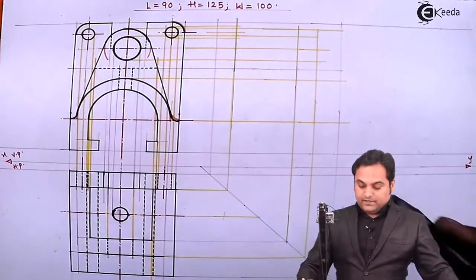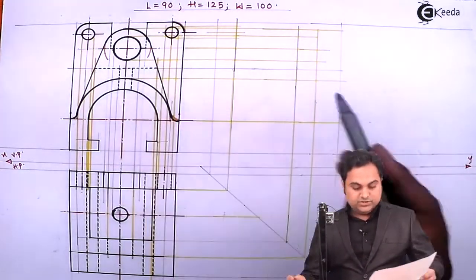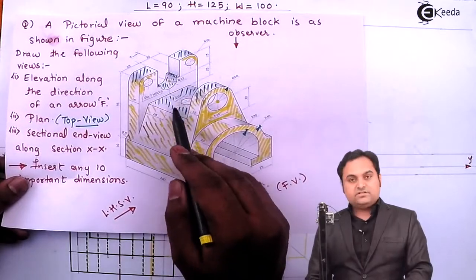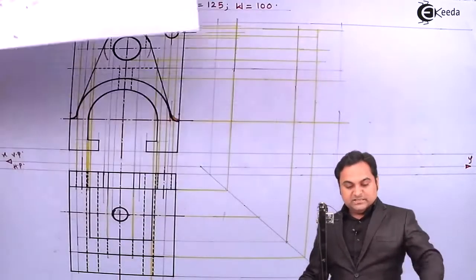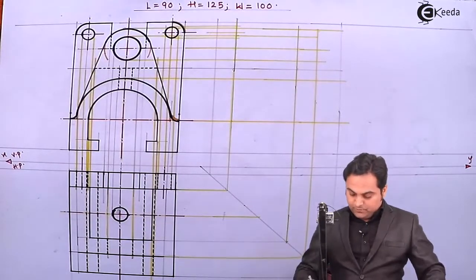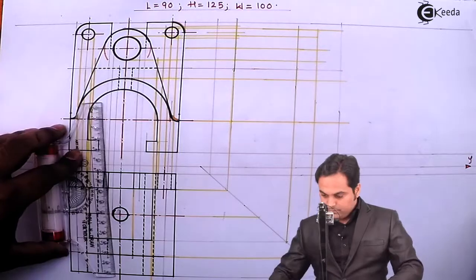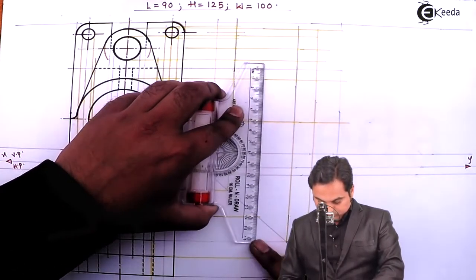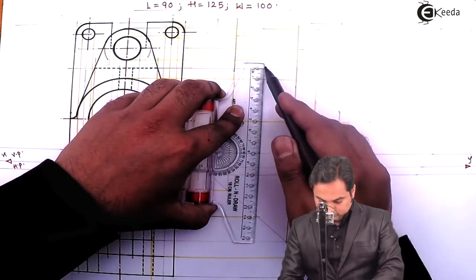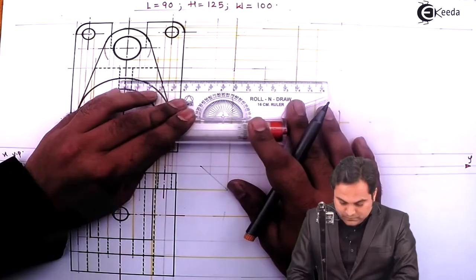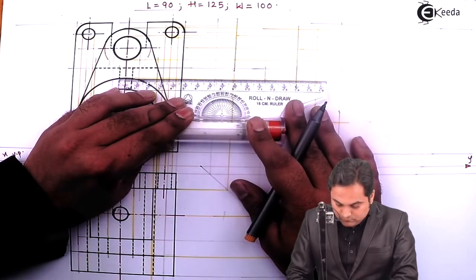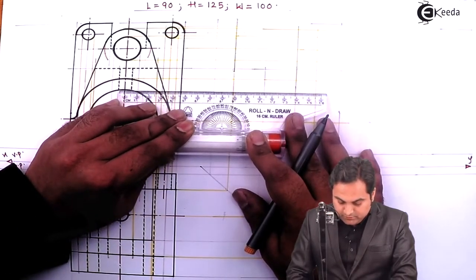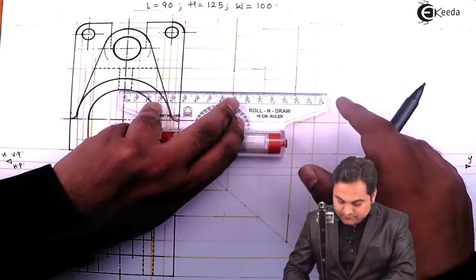Then inside this surface, which is here, there is a circle of diameter 10. So projecting it from the top view, that circle is there only up to this semicircular part.